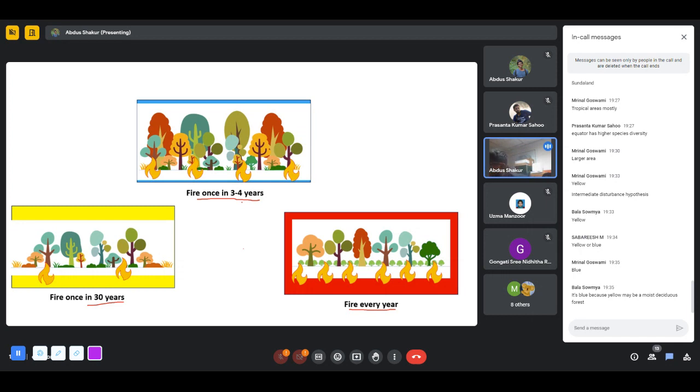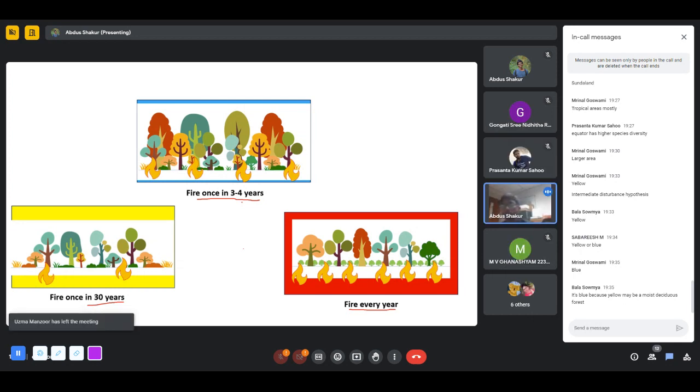It's blue because yellow may be a moist deciduous forest. That can be a reason also, because if it rains much more, the chance of fire might reduce, or humans might also contribute to the reduction. So that can be one of the reasons why there might be few fires in that area.